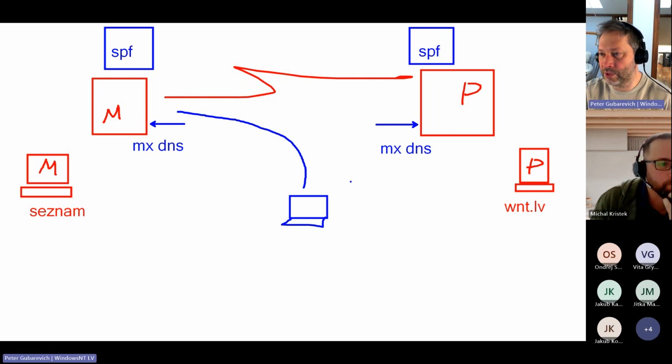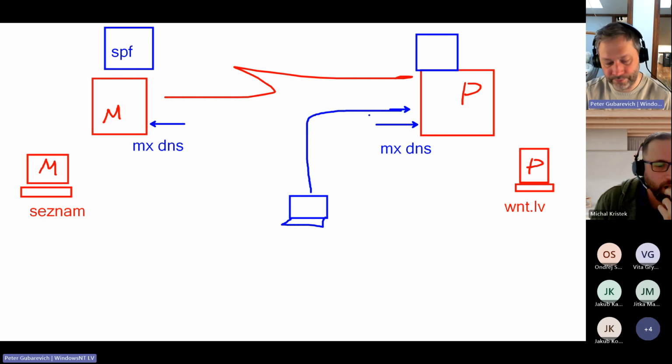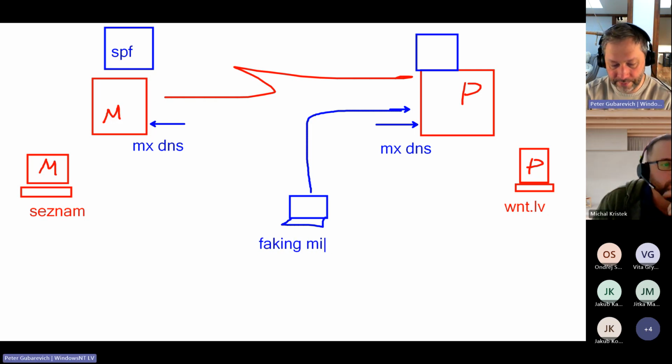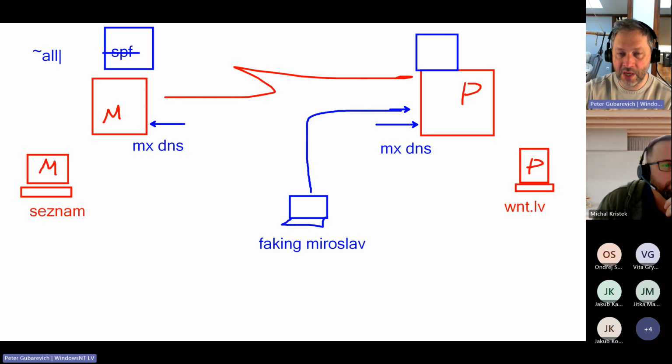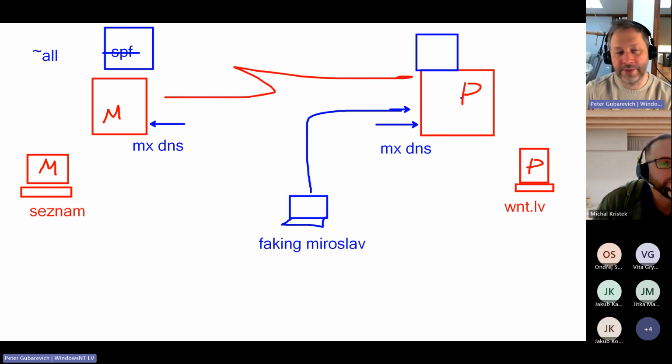But if I send a spoofed message to Peter from Miroslav, so I'm faking Miroslav, and Seznam does not have an SPF record, or this SPF record is relaxed, and this is what you saw on Monday, so I can fake this from my machine.